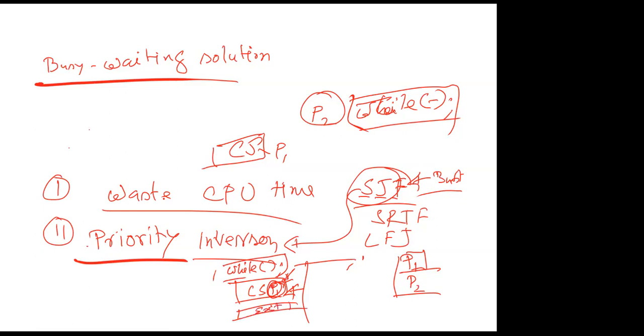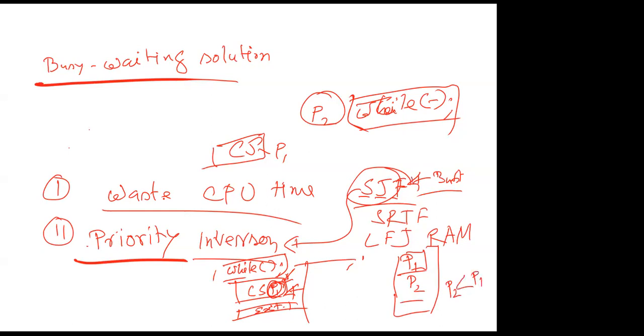Now let's check. Process P1 is inside the critical section, and P2 comes inside the RAM while P1 is in the critical section. P2 has a lesser execution time than P1.